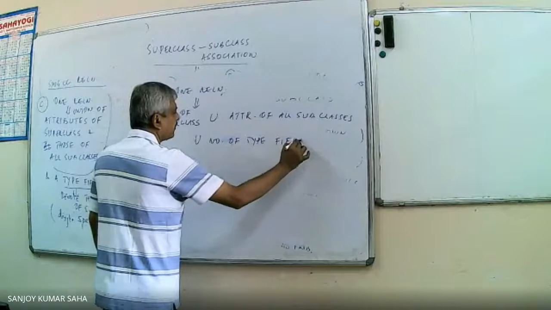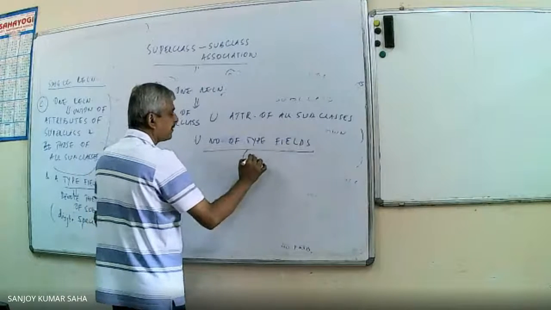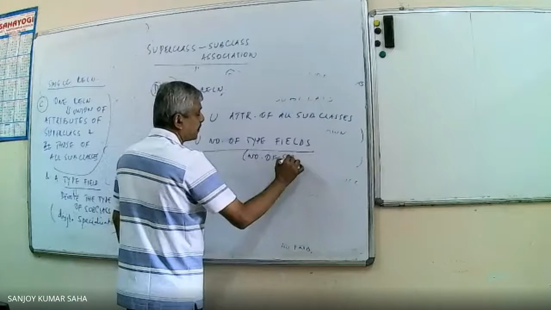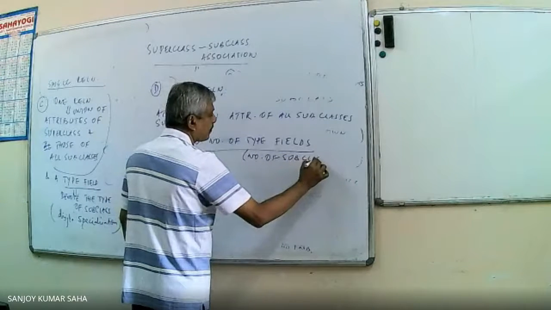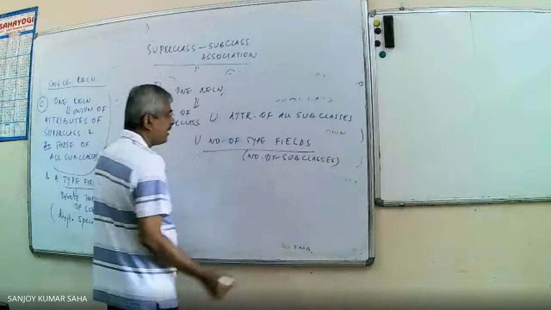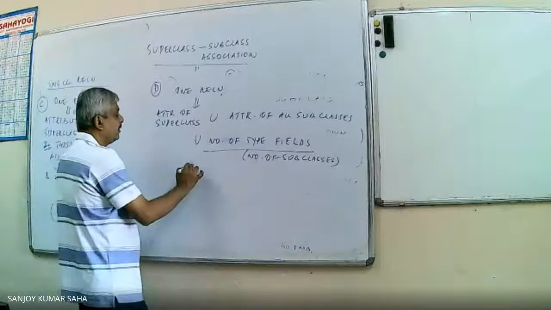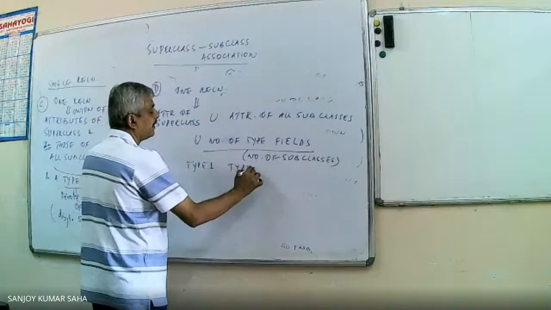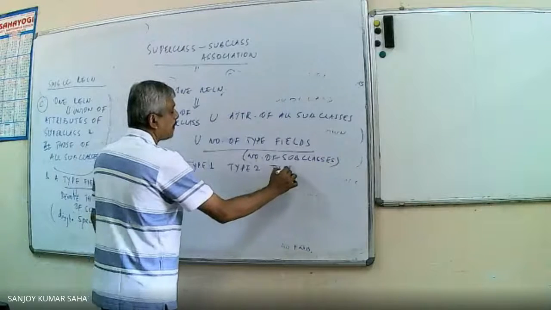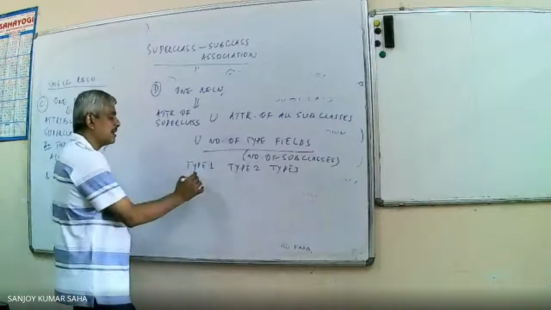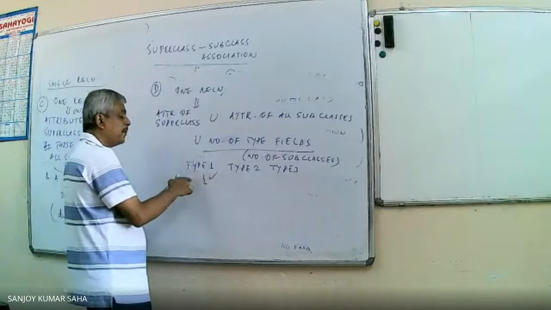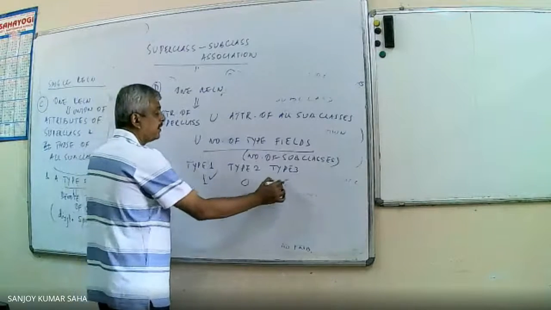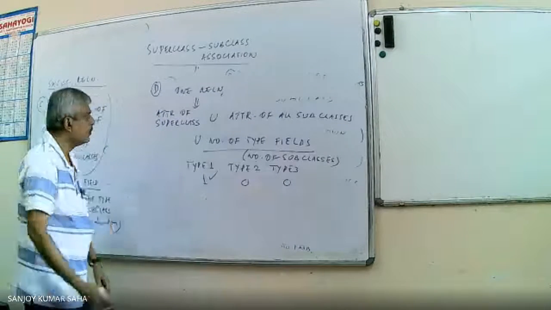Basically the same as the number of subclasses. Say, if there are 3 subclasses, type 1, type 2, type 3. If this is 1, it means it belongs to type 1. 0 means it doesn't belong to that.